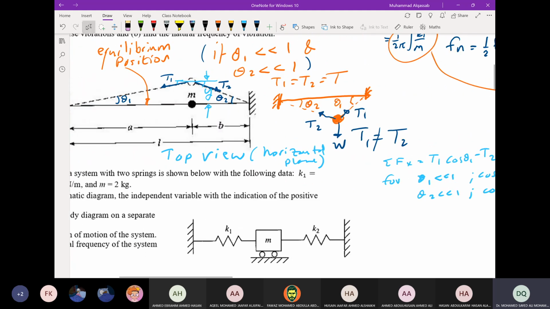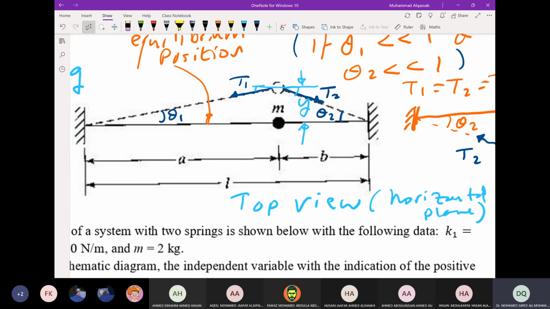Now what is sine theta 1? As I said, the transverse displacement from here to here is y. Then you can construct a right angle triangle, right? So sine theta 1 is the opposite over the hypotenuse, so it is y over a. That's sine theta 1. And sine theta 2 is y over b.